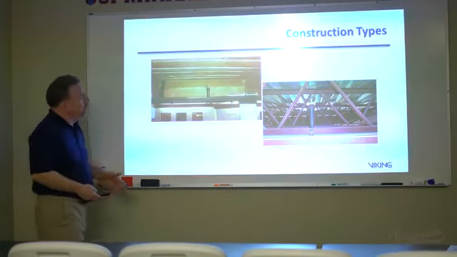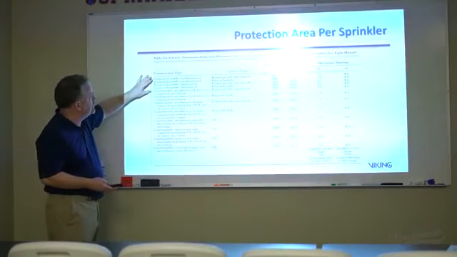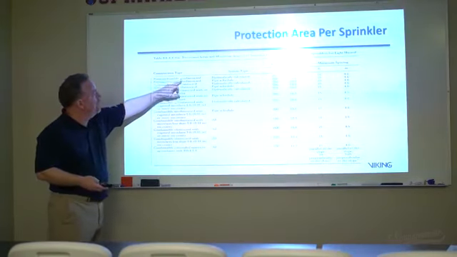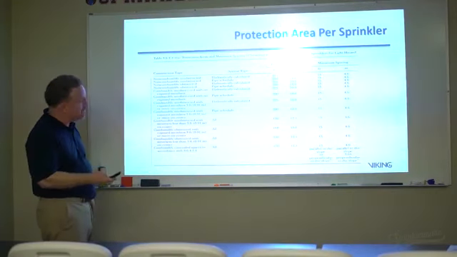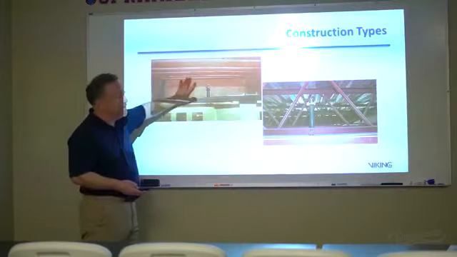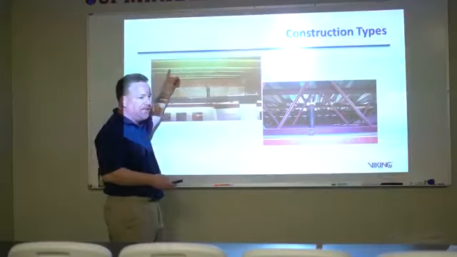Okay. Once again, going back to here, you see that this was a lot of non-combustible, unobstructed construction or obstructed construction. Well, this is what we're talking about here. This is obstructed construction, solid beam members interrupting the flow of heat along the ceiling line. Here's my ceiling line.